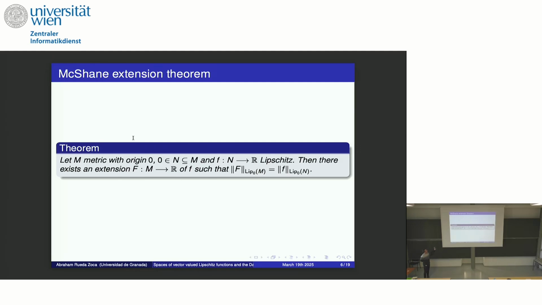As I say, this is probably one of the most important points to develop the theory of Lipschitz free spaces in the real case, because when one replaces the scalar field R with C, what one obtains here is a multiplicative constant, the square root of 2. So you don't get an isometric version of the McShane extension theorem. And this is the reason why we are dealing with real Banach spaces in this talk.